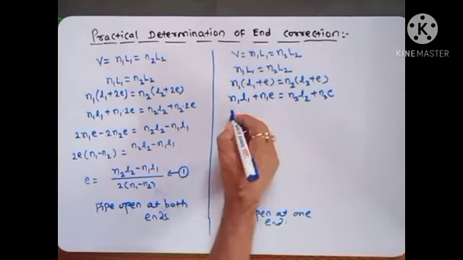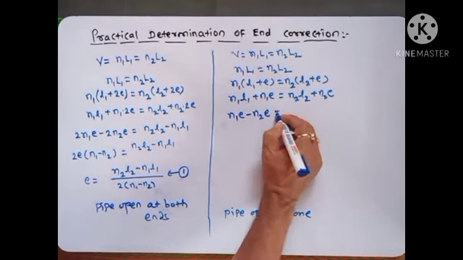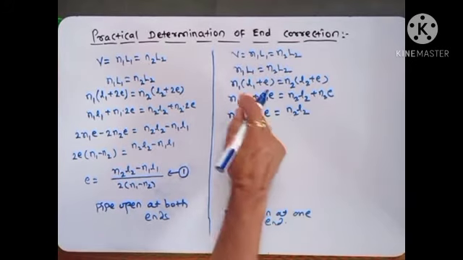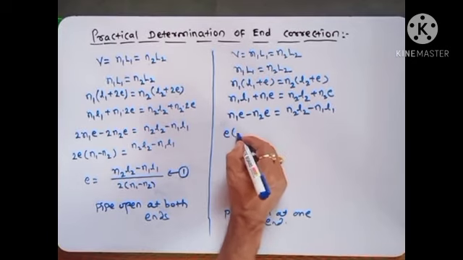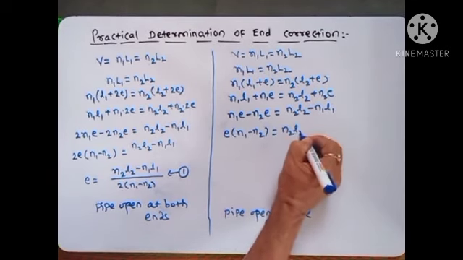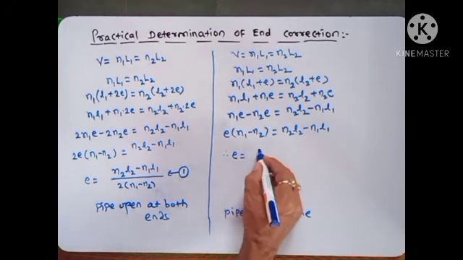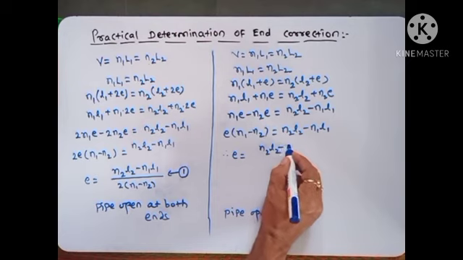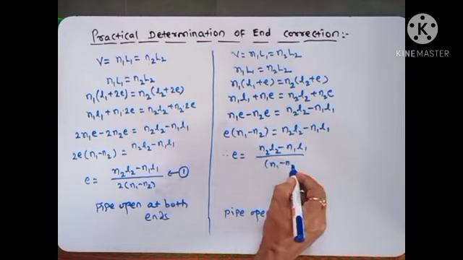Now on this side, N1 E minus N2 E is equal to N2 L2 minus N1 L1. E is common, so N1 minus N2 is equal to N2 L2 minus N1 L1, and therefore E is equal to N2 L2 minus N1 L1 upon N1 minus N2.